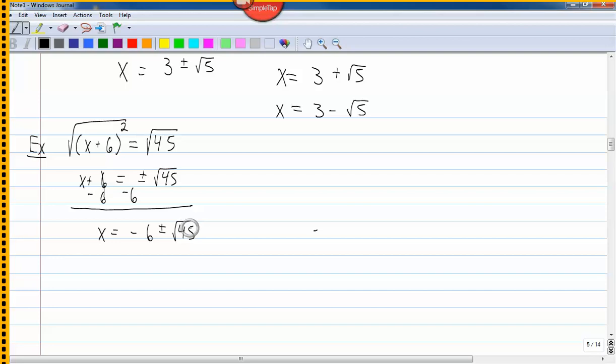Remember, the square root of 45, you can break that up and say that's the square root of 9 times the square root of 5, because 9 times 5 is 45, and you can take the square root of 9. So that's negative 6 plus or minus 3 square roots of 5. That's two answers: negative 6 plus 3 square roots of 5 and negative 6 minus 3 square roots of 5.